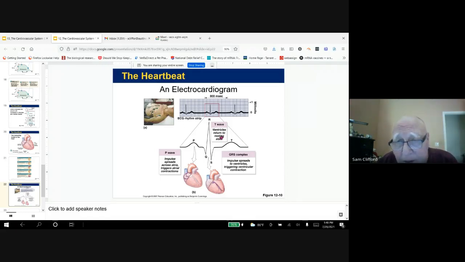Okay, so the T waves, the ventricle returns to the relaxed state that allows the atria to fill and the atria to contract, and then the ventricles to contract. So you have to have a step-by-step movement of blood through the heart and a controlled contraction cycle so that the heart has to pump and then relax.